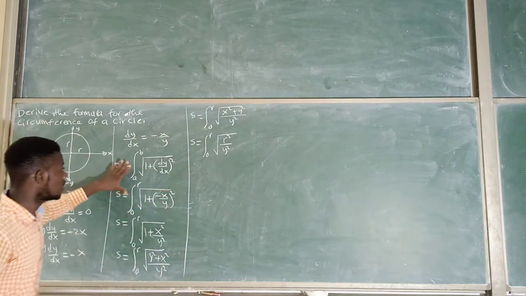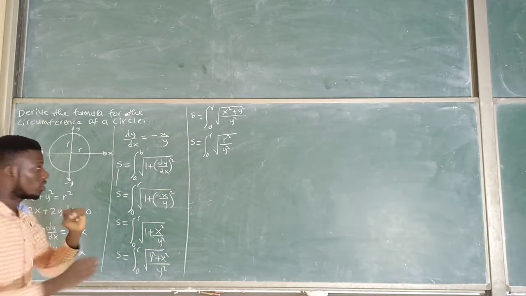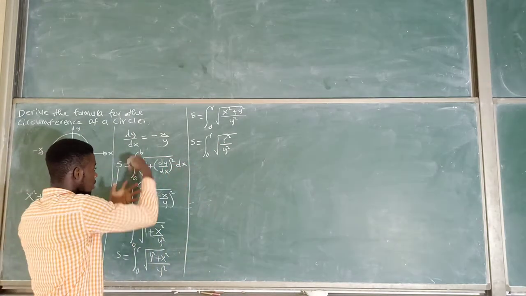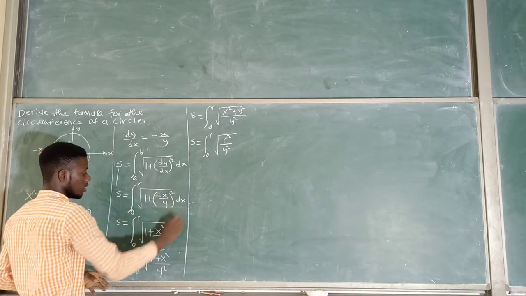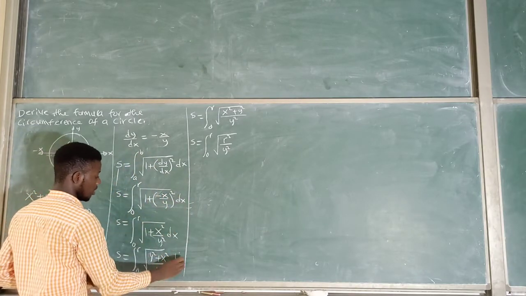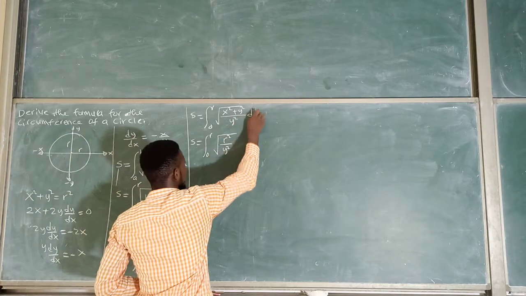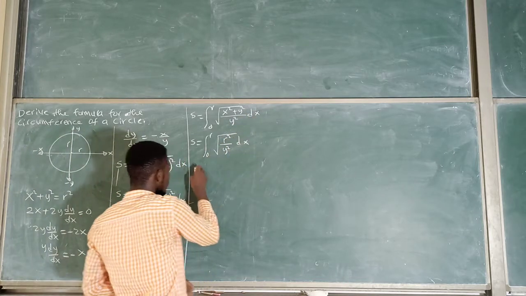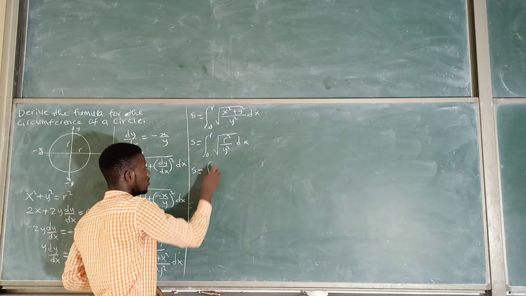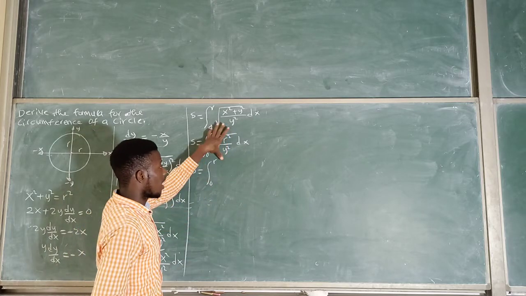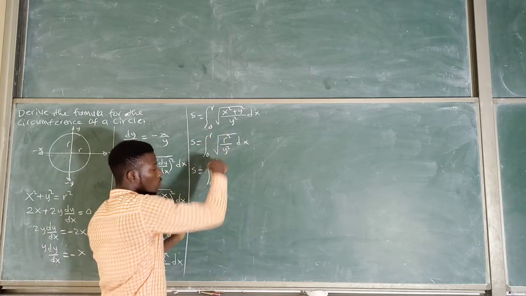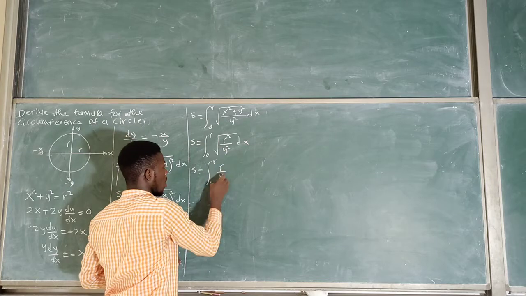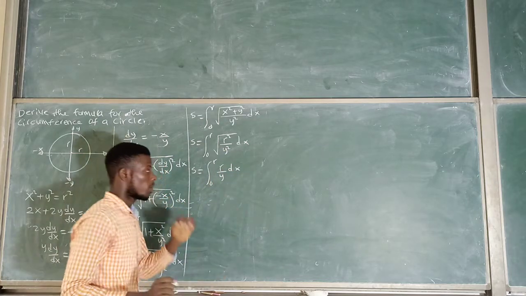Now, I'm differentiating the entire thing with respect to x. This integral is with respect to x, so we have dx. So I have s is equal to the integral from 0 to r. If I simplify r squared over y squared under the square root, I have r over y dx.